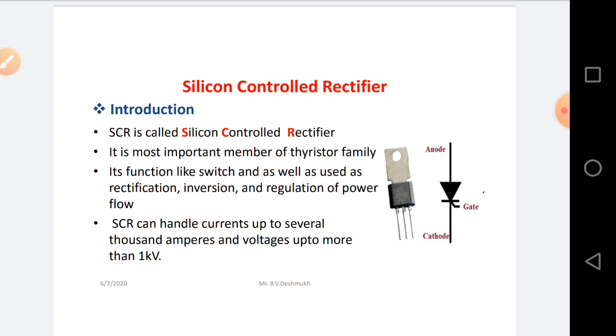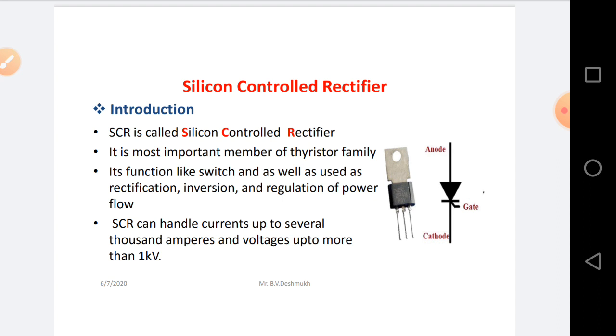It functions like a switch and is also used for rectification, inversion and regulation of power. Meaning, the SCR is used for any type of rectification purpose, any type of inversion purpose, as well as regulation of power.